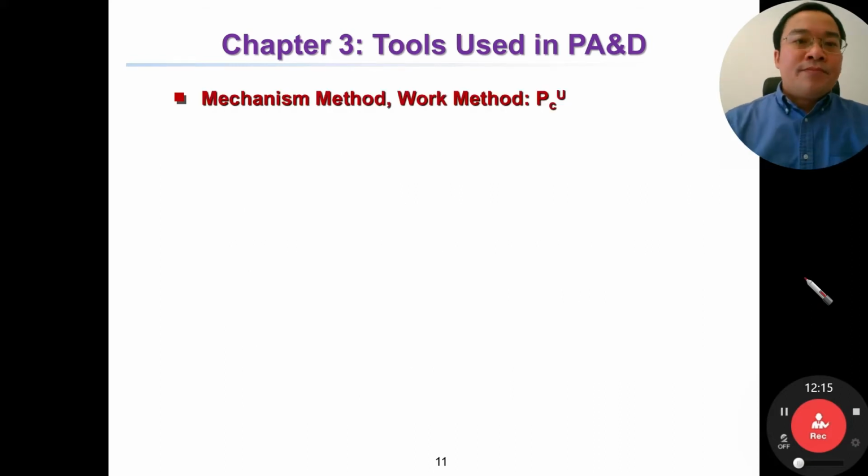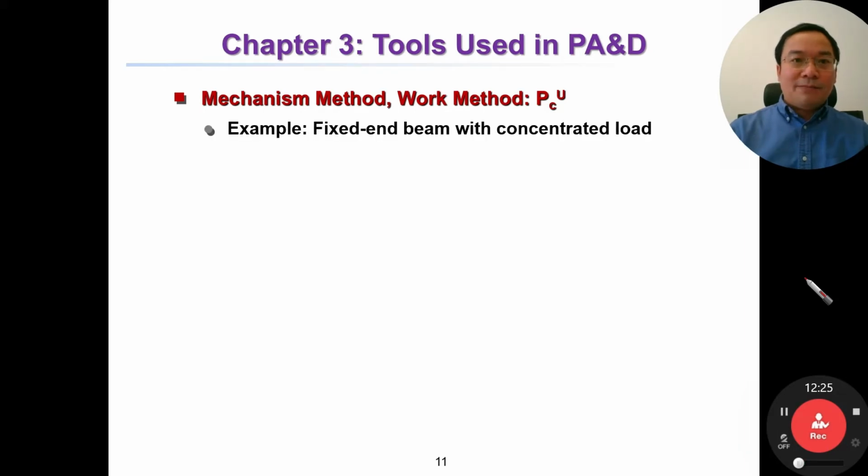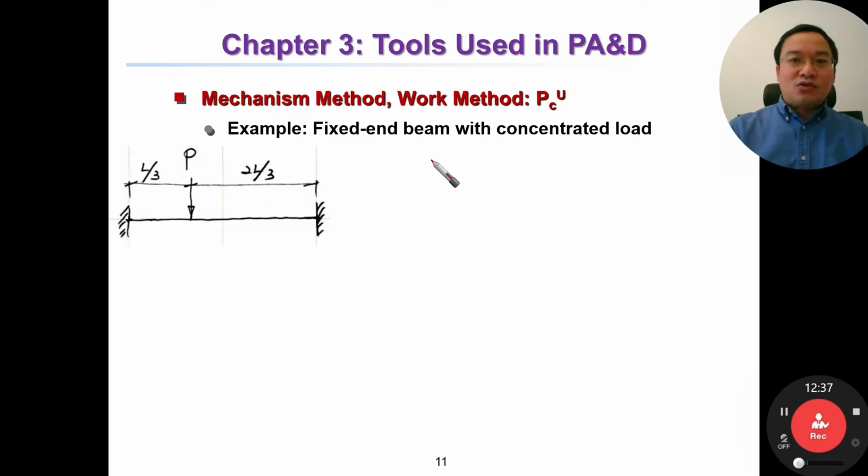Now we are going to see an application of waterwork, illustrating the waterwork concept by example. This is what we call mechanism method or work method. Example: let's consider the fixed-end beam with concentrated load here, at 1/3 and 2/3 of the length. Then this is an analysis problem.